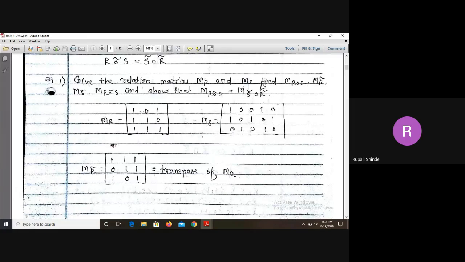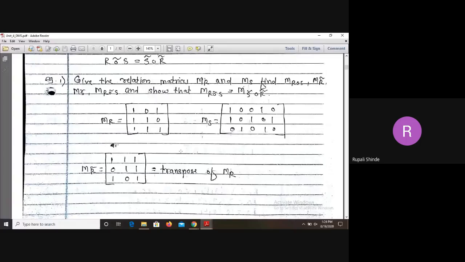So we have to find the matrix multiplication of these two matrices. Can you tell me how to find matrix multiplication? What is the way?